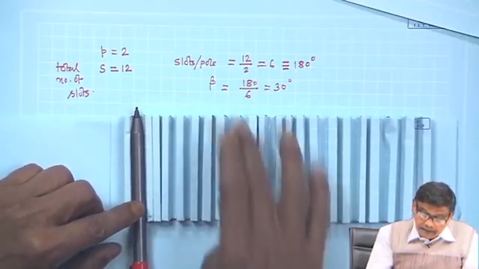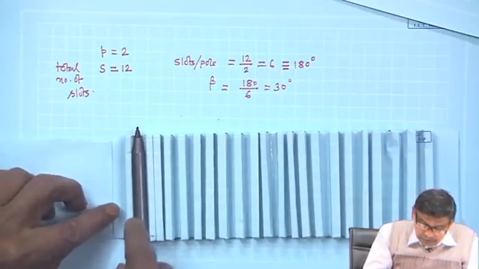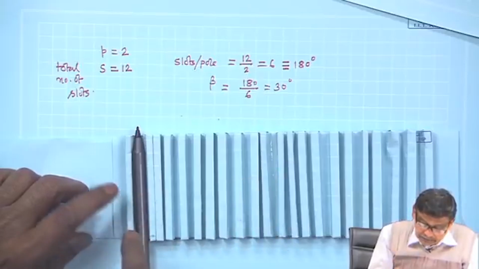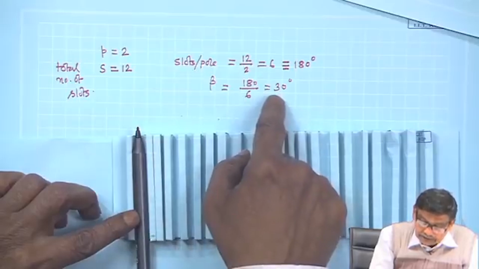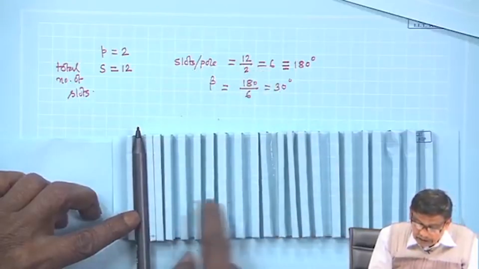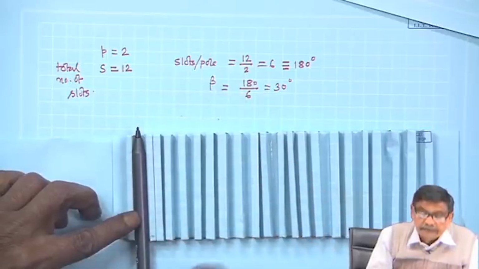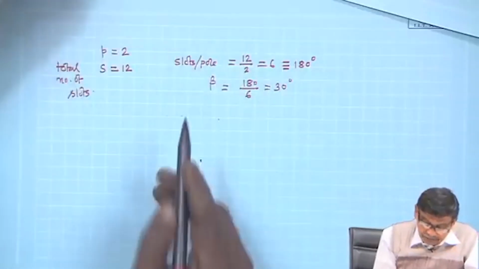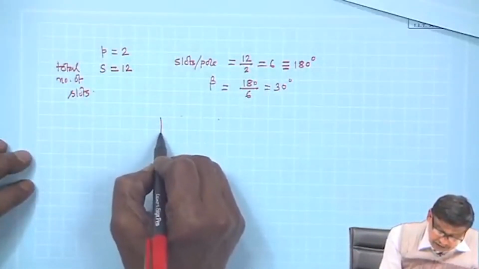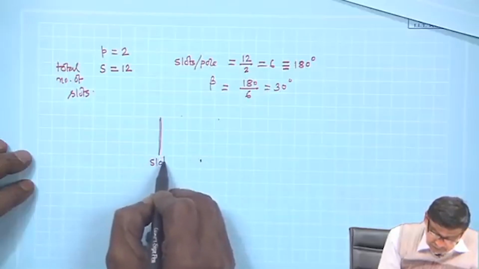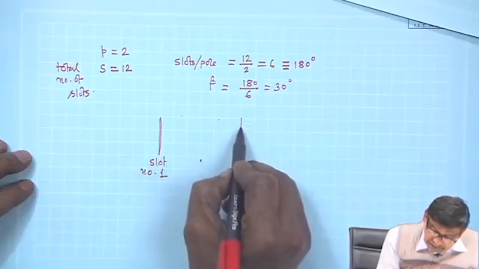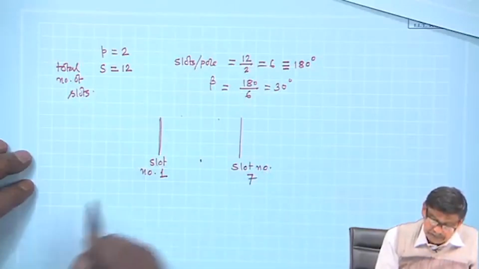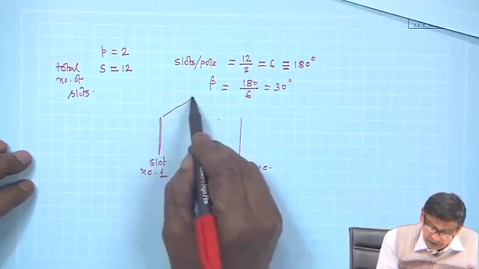If I want to make a full pitched coil, which is 180 degrees, I have to move by 6 slots. So if one coil side is kept in slot number 1, its return should be in slot number 7. They should be 6 slots apart. This is your coil.